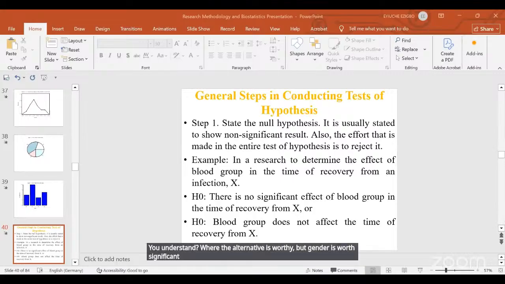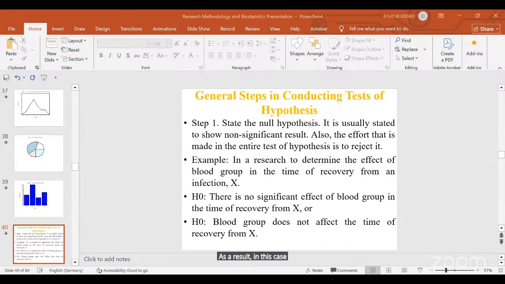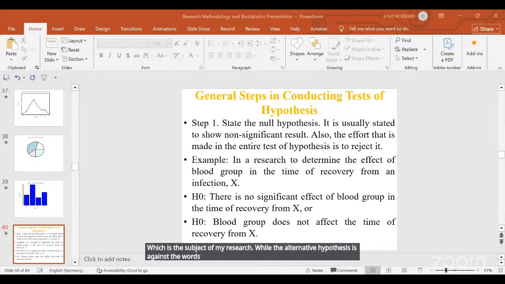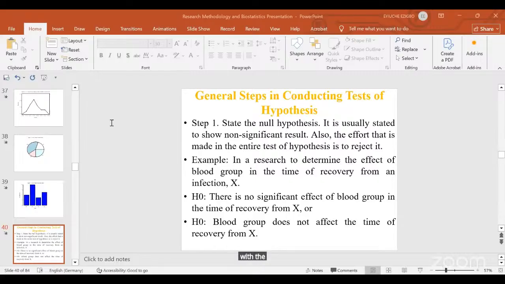As a result, in this case now, it is the null hypothesis that is what? Supporting the claim, which is the subject of the purpose of my research, while the alternative hypothesis is against the what? The claim. Do you understand that? So what becomes the null hypothesis or the alternative hypothesis has nothing to do with the objective of the research.